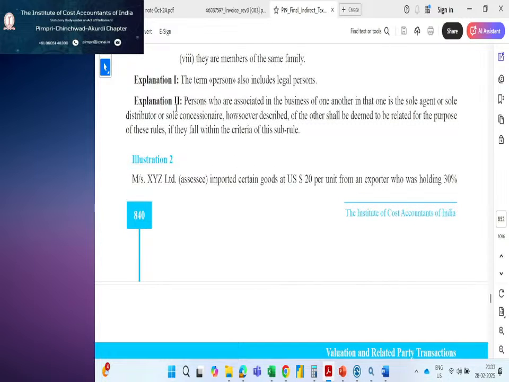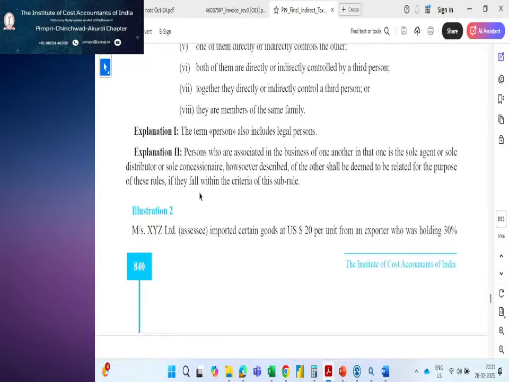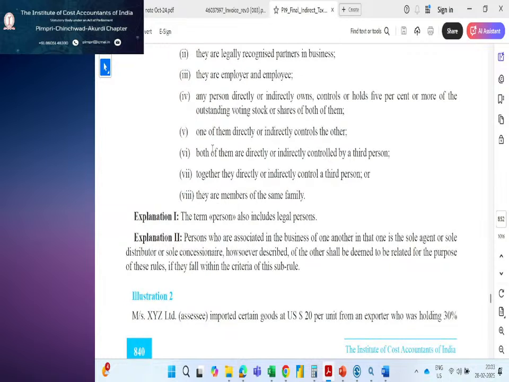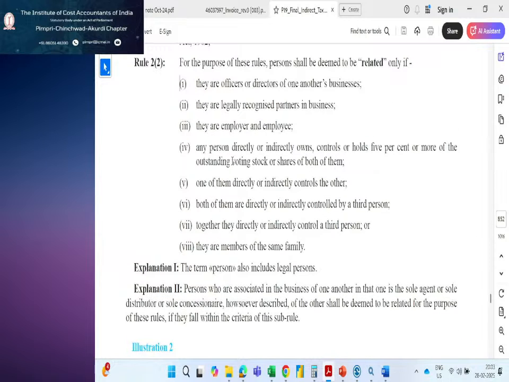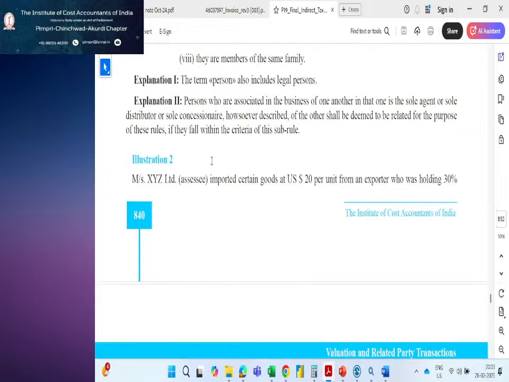So these are the definitions for related. Then now we are going into the problem. So we have seen about related, the related definition, to get a good understanding of what related means.